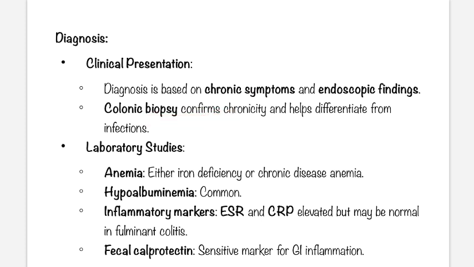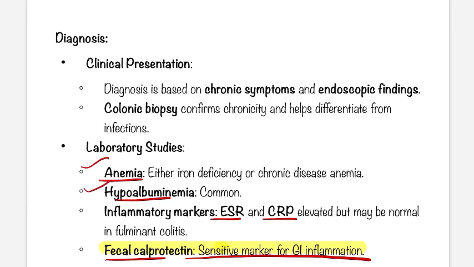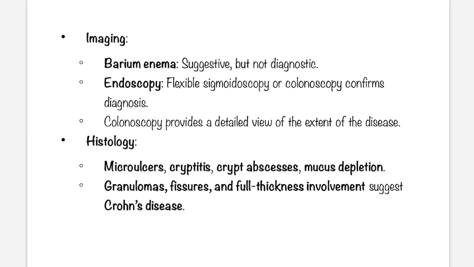Laboratory studies: anemia, hypoalbuminemia, increased ESR, CRP, and fecal calprotectin is a sensitive marker for GI inflammation. From this slide, just remember, fecal calprotectin is the sensitive marker for GI inflammation. Other things may be anemia, hypoalbuminemia, and increased ESR and CRP.